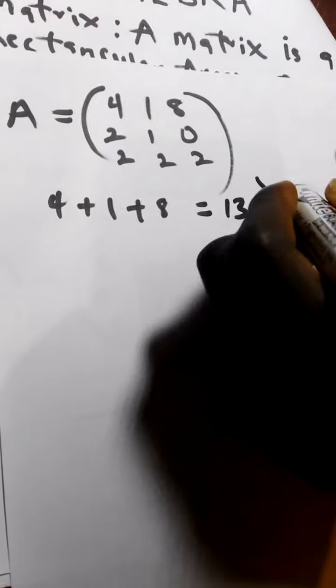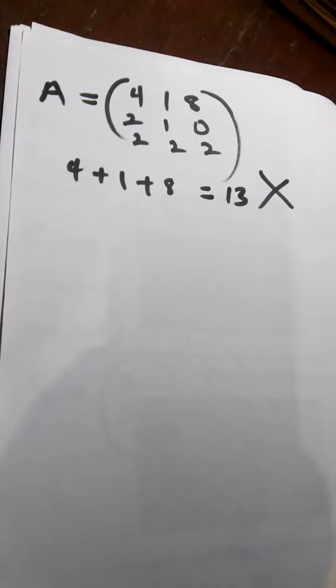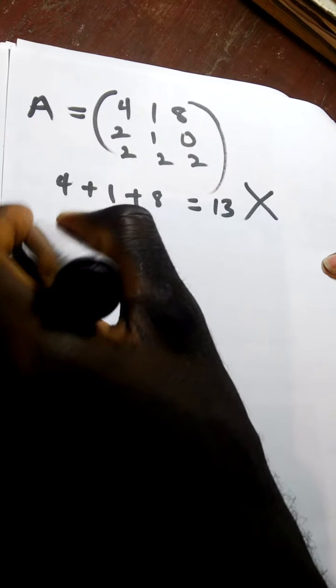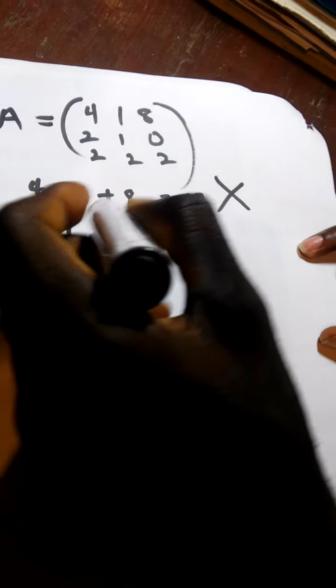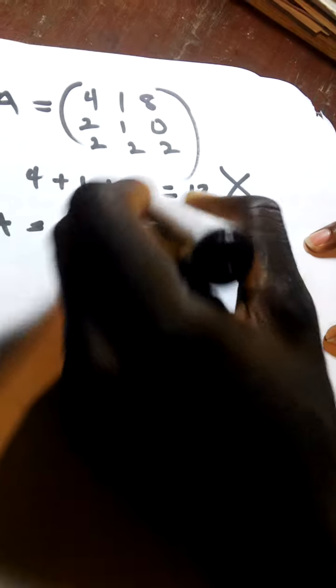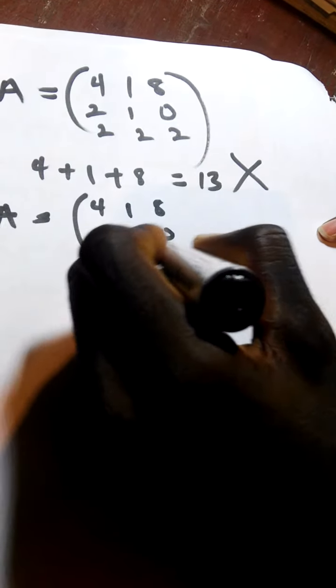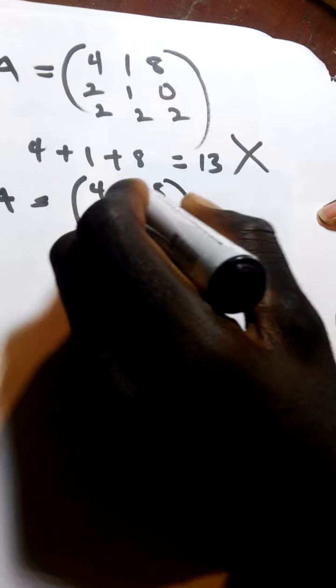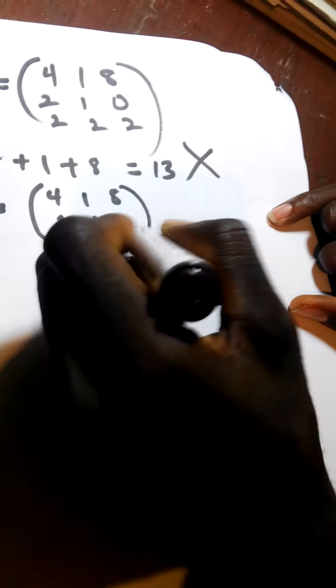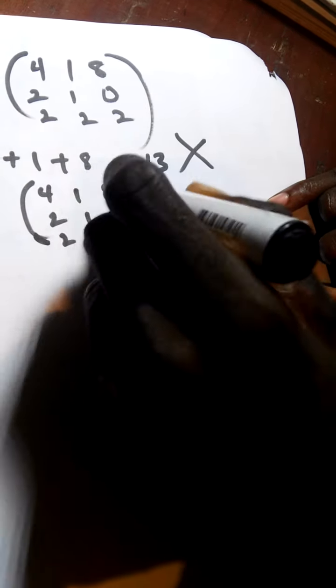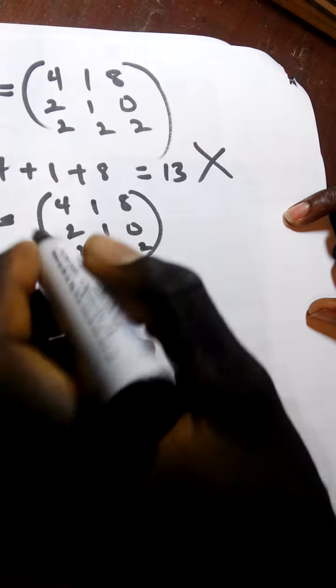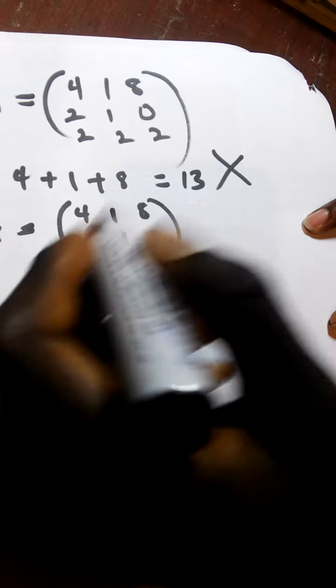No, this is wrong. Now, all these things, 4, 1, 8, 2, 1, 0, are actually entries in the matrix. You can call them entries or elements in a given matrix A.